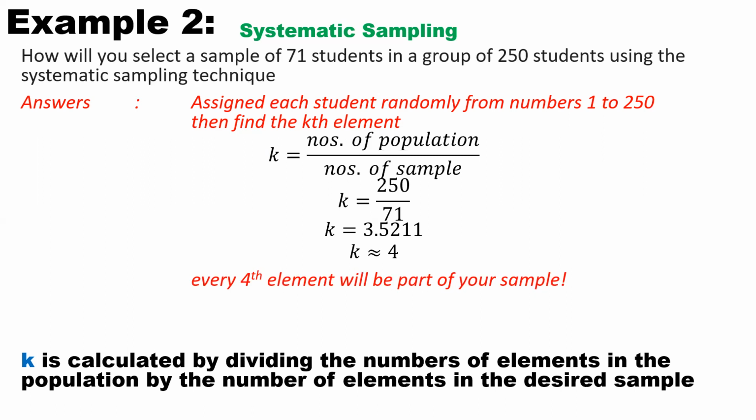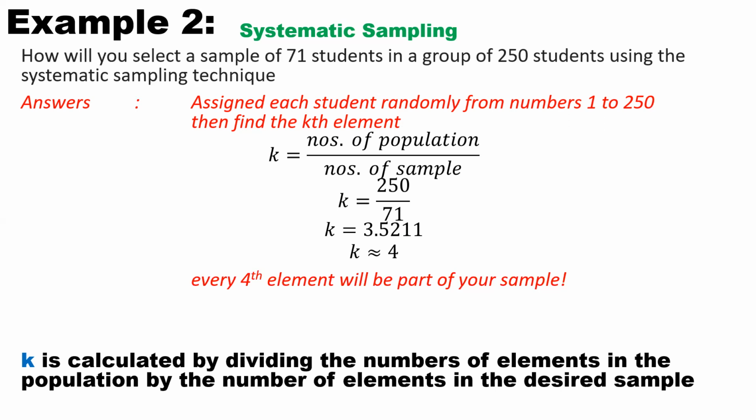So in some problems, hindi laging 1 nagsisimula. So possible, pag binigay yan, sige, every 4 mula kay 1. Syempre 1 yung una, so ano yung pang-apat mula sa kanya? 2, 3, 4, 5. So 1, 5, 9.